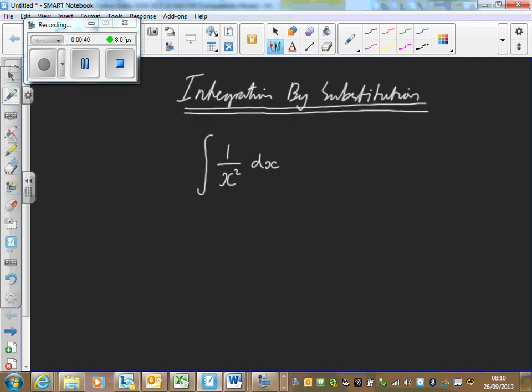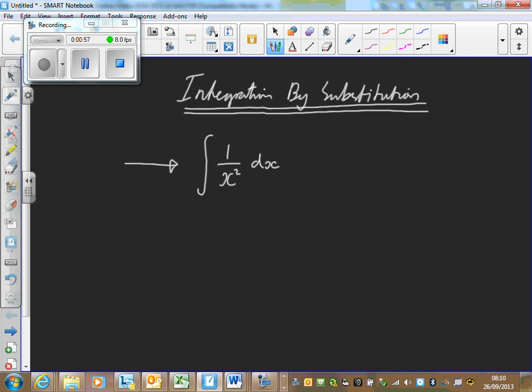Very, very powerful. We're going to be using this a lot. This is our principal technique in solving the integrals which we need for Core 3, Core 4, even for the FP2 and FP3 modules. This is going to be our principal technique.